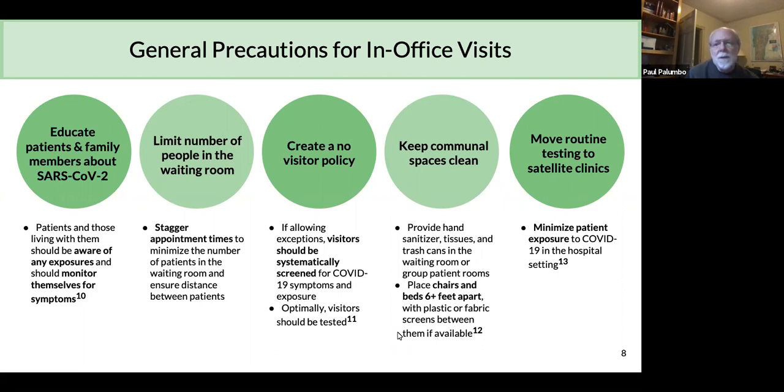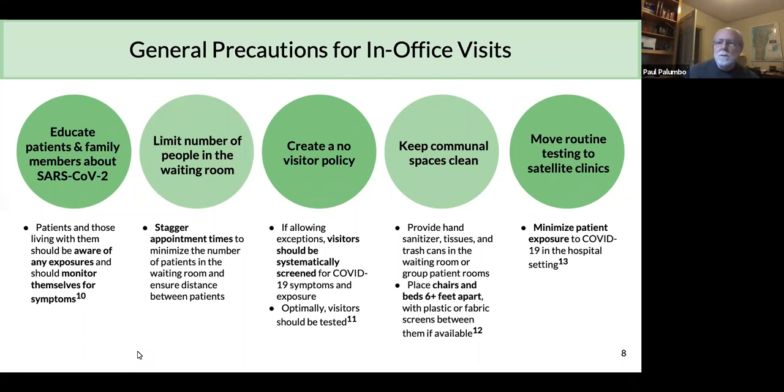But simple things like cleanliness can face some limitations. Separation by about 6 feet has been the theme for chairs, beds, and people. Using plastic or fabric screens to separate spaces is felt to be somewhat helpful.